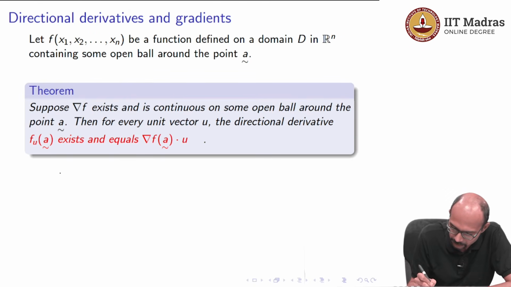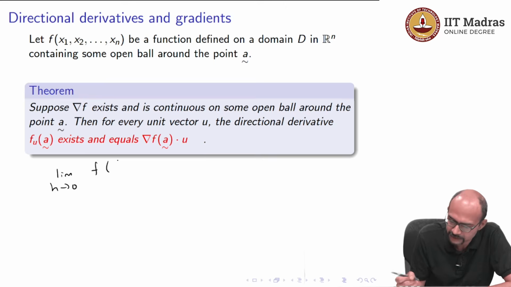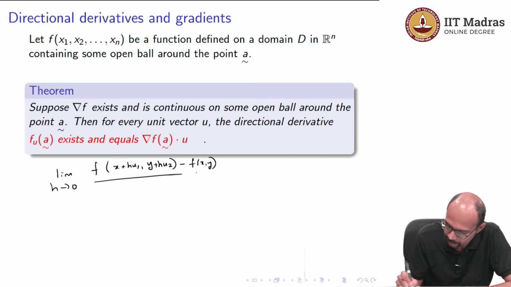So, what is the directional derivative? That is limit h tends to 0 of f of, let us say I do it for two variables, right. So, this is x plus h u1, y plus h u2, minus f of x y, divided by h, right.